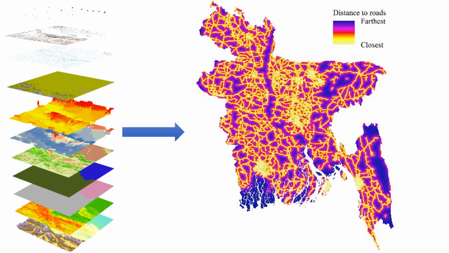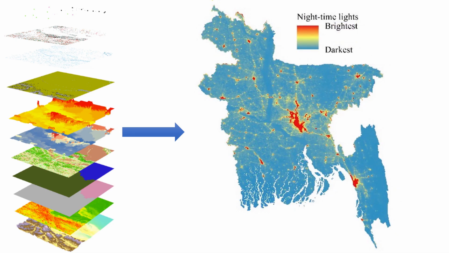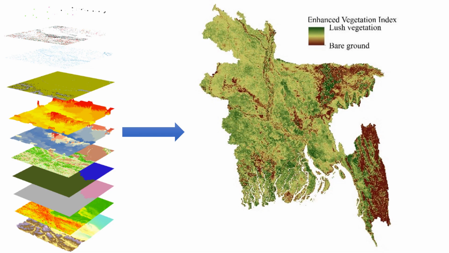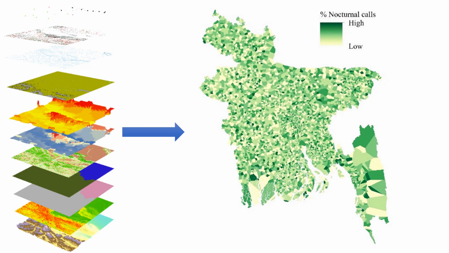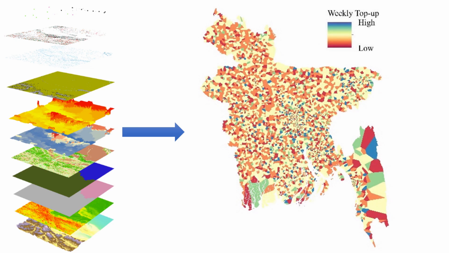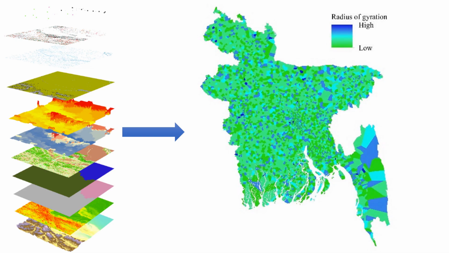So we can measure that remoteness, maybe the distance to the nearest remote road. We can think about urbanicity from nighttime lights. We can measure that amount of vegetation, the greenness. But also we can use the mobile phone data where we have collaborations with a phone operator, or we're using some indicator from a big tech company like Facebook on percentage of calls made at night, the amount spent on credit each week, or the amount of mobility in this case.